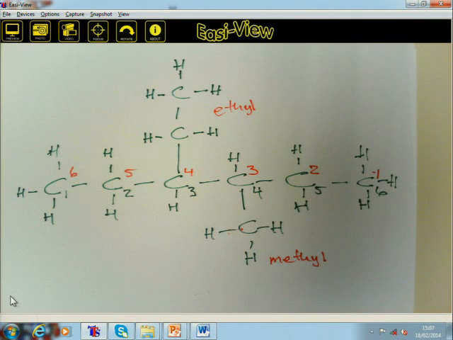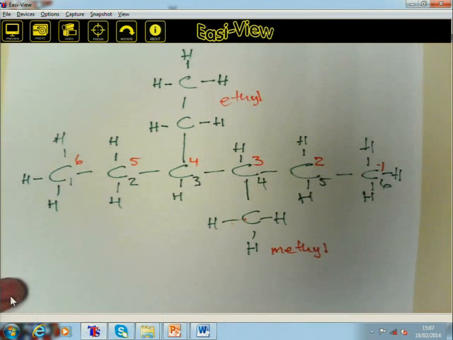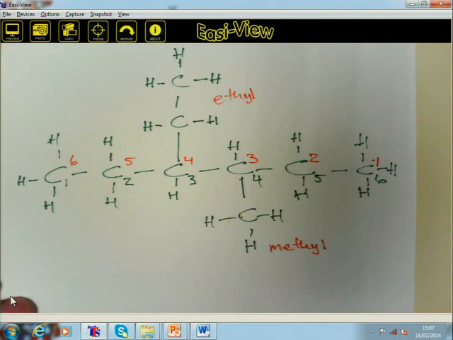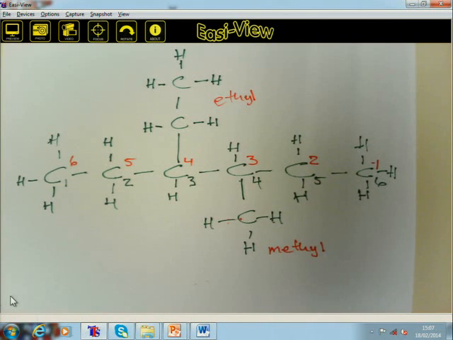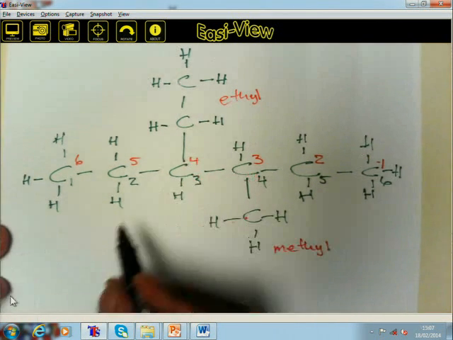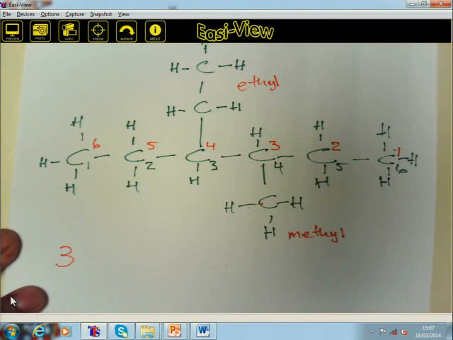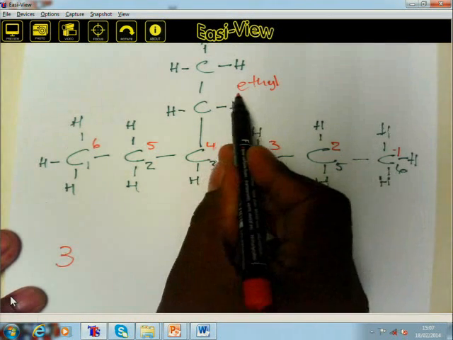All right? So step number 3, after you have identified your substituents, when you name this, you must also label or give the position, the carbon number, where this substituent is appearing. So we say here at carbon number 3, we've got ethyl.